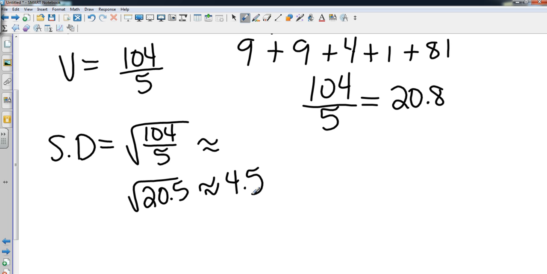Okay, so my variance is 104 divided by 5, and my standard deviation is approximately 4.5. So those are 3 new things for us: variance, standard deviation, and then the mean absolute deviation that I did at the beginning. That should get us taken care of for Chapter 12, Section 3, Statistics and Parameters.